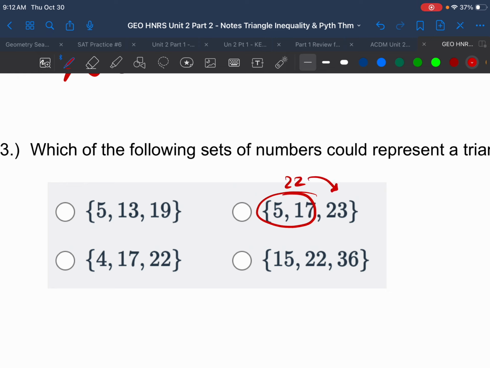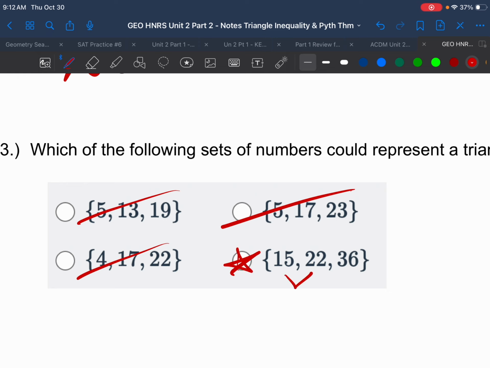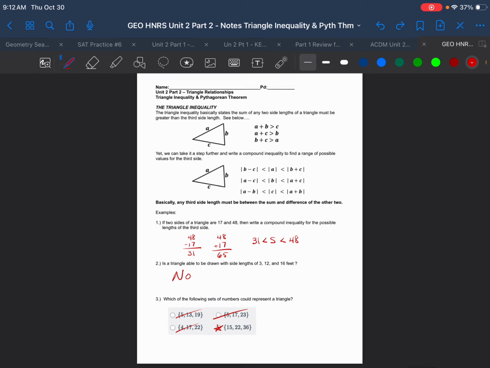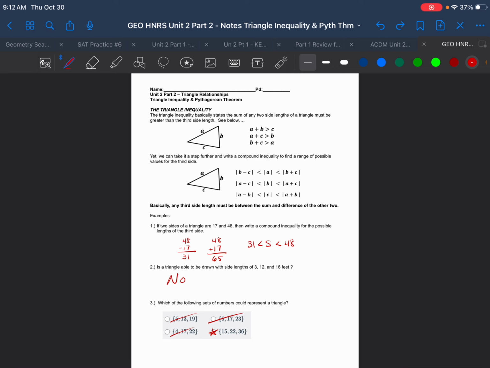That is not greater than the third side, so this one is no good. If you try the other two to the left, they also do not work. That leaves us with this final choice, because 15 plus 22 is 37, and any other combination you try will give you the sum of two sides greater than the third. That's pretty much just how to use the triangle inequality.